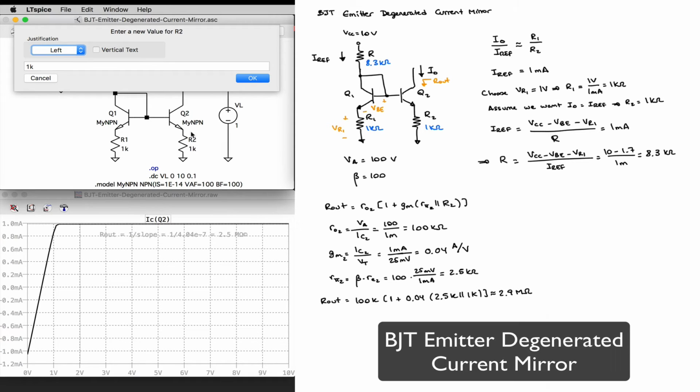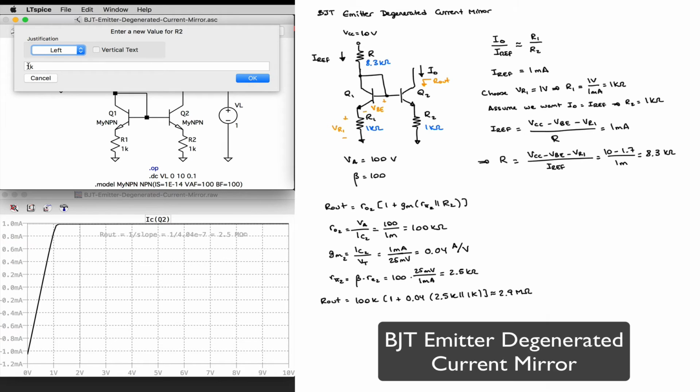So instead of 1 milliamp in my output current, I wanted to have half a milliamp. Then I will need to increase, so always go in the opposite direction. Because remember, I_out over I_ref equals R1 over R2. So if I want to increase I_out, I will decrease R2. If I want to decrease I_out, I will increase R2.